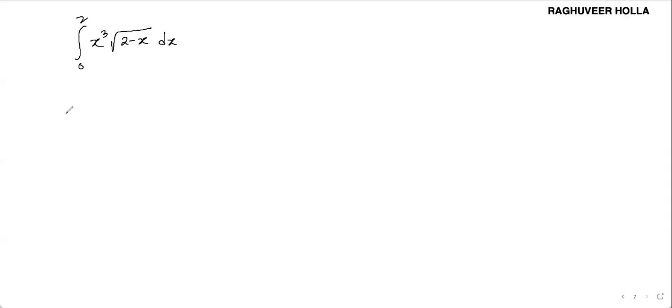Let us solve this problem. Again substituting x as 2y, so dx is 2 dy. When x is 0, y will be 0, and when x is 2, y will be 1.